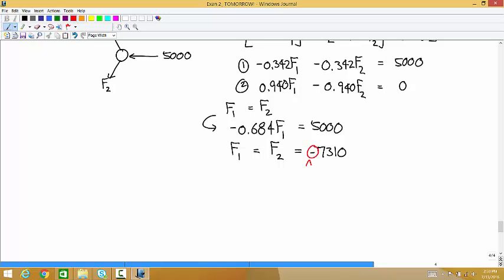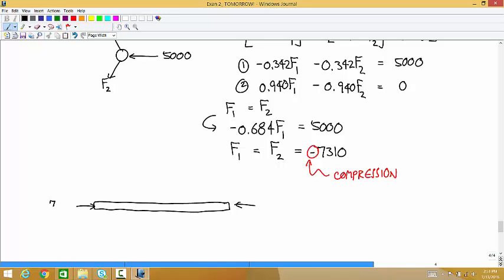The negative says compression. Okay, so both of those two ways give the same answer.